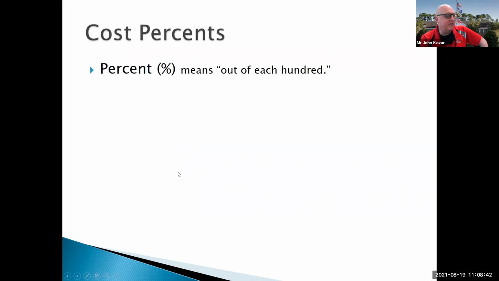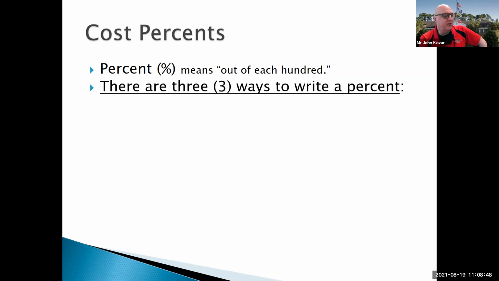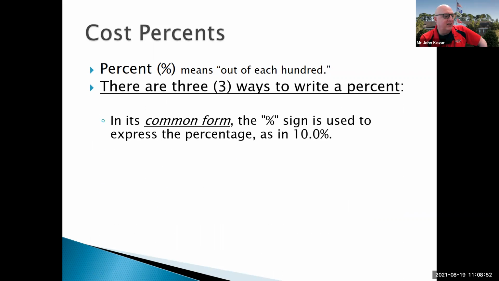Just going over percents, the actual word percent means out of each 100. There are 3 ways to write a percent. This is how I want it to be in this class. I want you to use the percentage sign in the common form. So if your answer is 10%, it should read 10.0%.